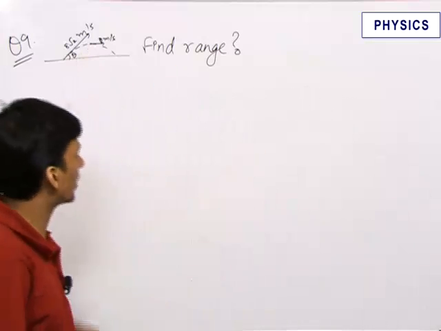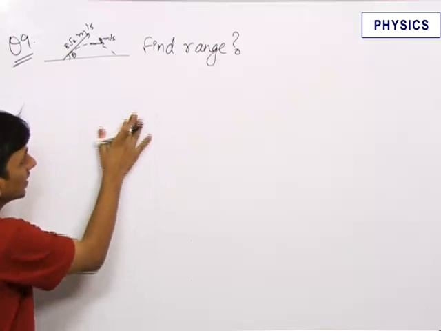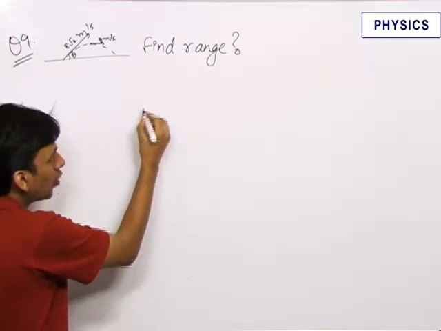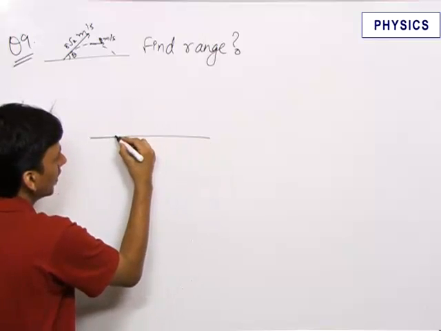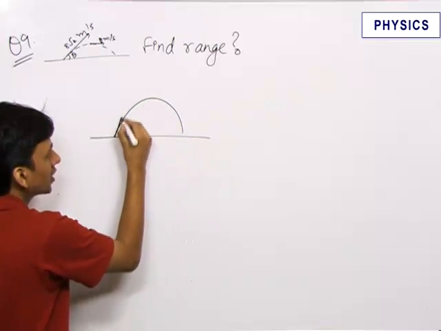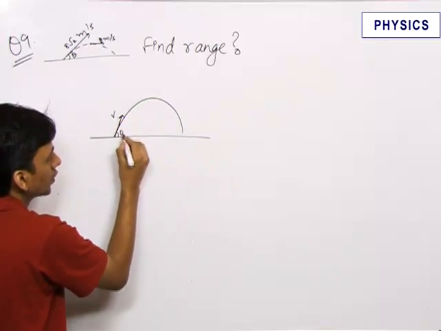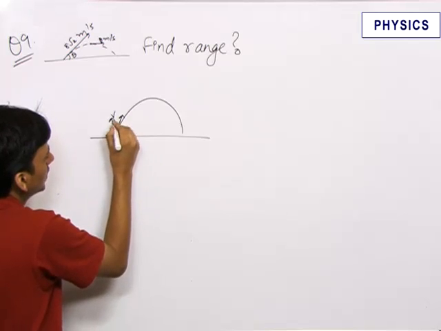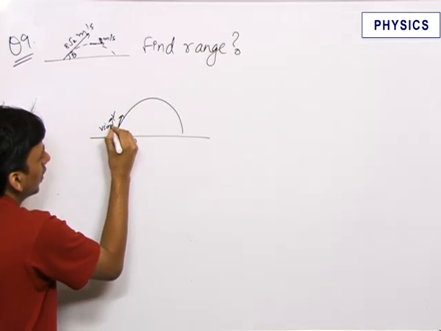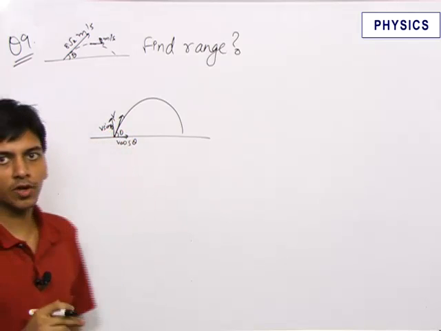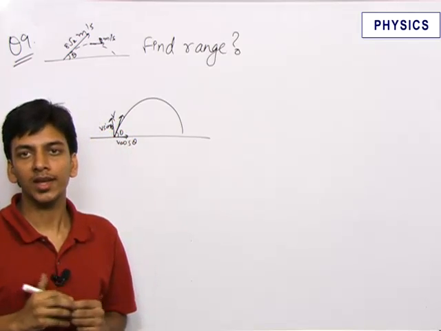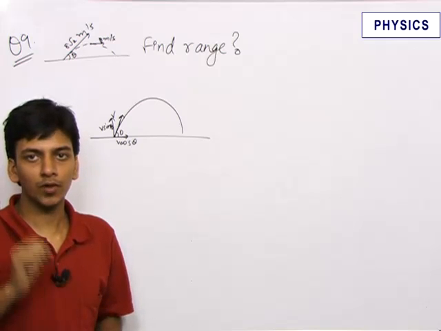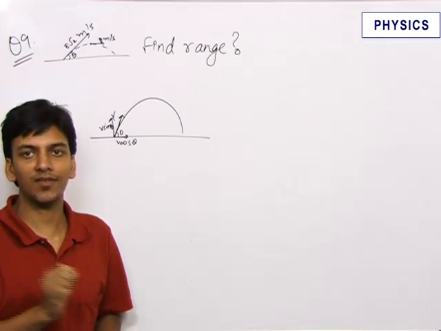For going about this question, what we see here is the x component of the velocity of the object in a projectile motion. If this is the initial velocity, this is v cos theta and this is v sin theta. If we consider the motion of the object in the x direction only, there is no acceleration in the x direction, so the velocity in the x direction never changes.